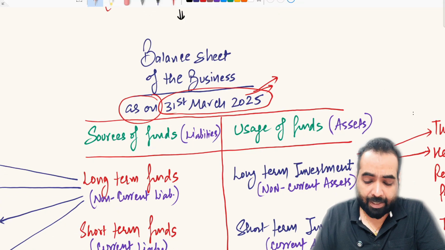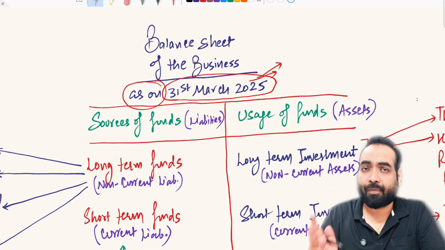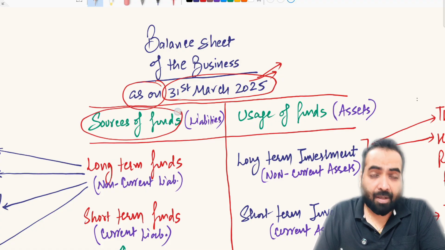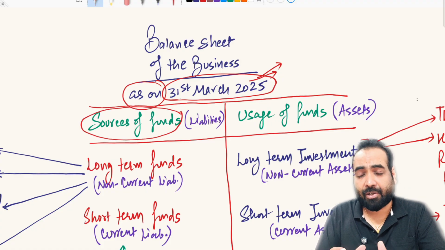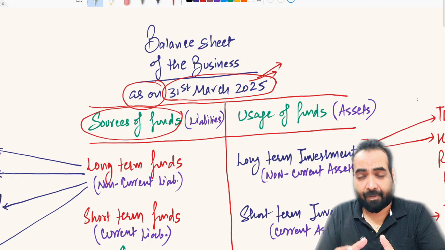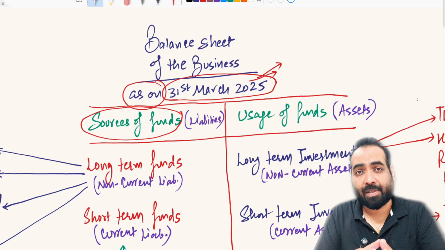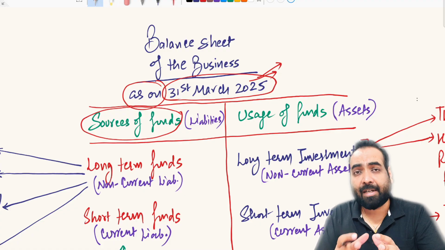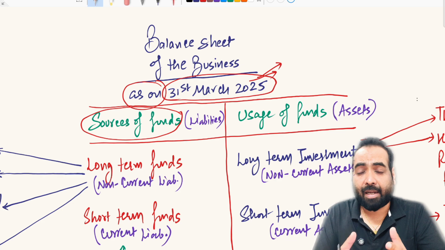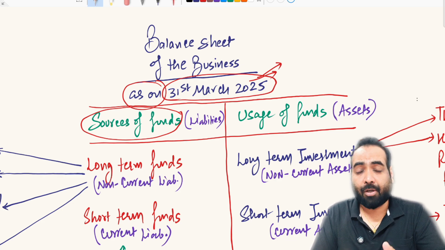So what does the balance sheet tell you? The balance sheet consists of two things. The first is the sources of funds: the business, the entity, the industry, from where they have sourced the funds. Whatever business you want to start, you need funds to start that business. Now those funds can be taken from multiple sources.